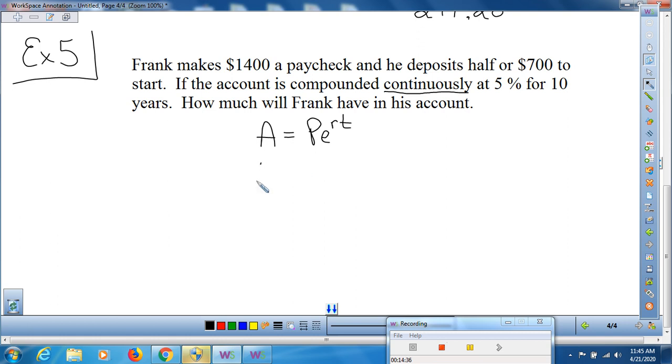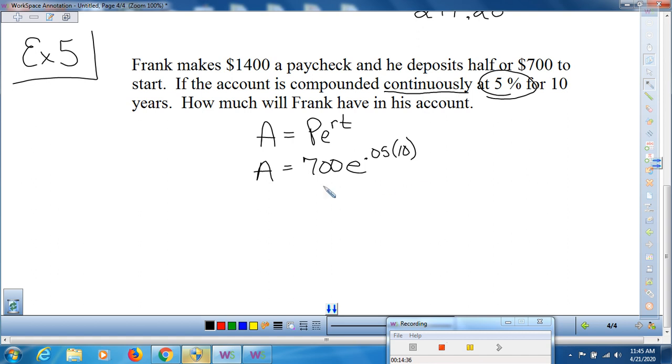All right, so we have A equals, again, P represents the starting amount. Now, he's only depositing half of his paycheck, so we're starting with $700. E, r, the rate in this case is 5%. 5% as a decimal is 0.05. And he is leaving this account for 10 years. So 10 is our t, or our time.